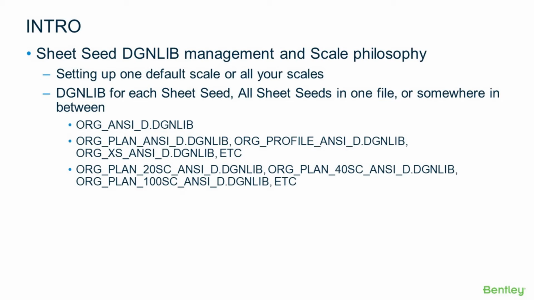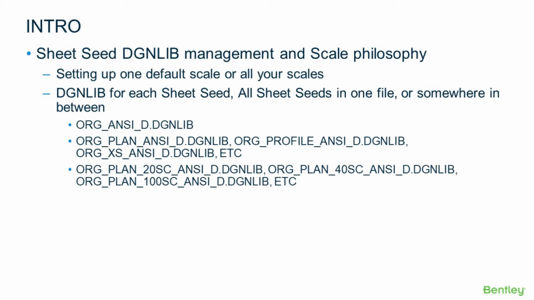But then on the other hand, I got another one in the same company that says, no, I only want a default scale and we'll just change it if we need to. And so those are some of the things to think about. The naming of your sheet seeds, or how many sheet seeds you put in a file, is something to think about as well.